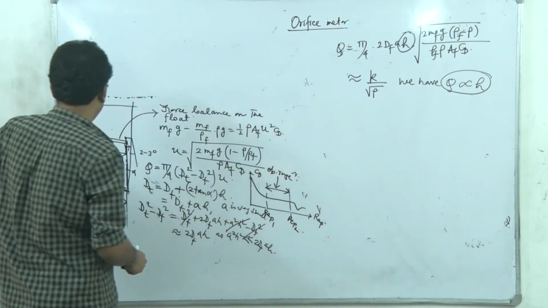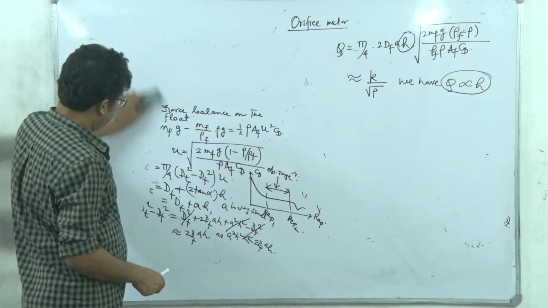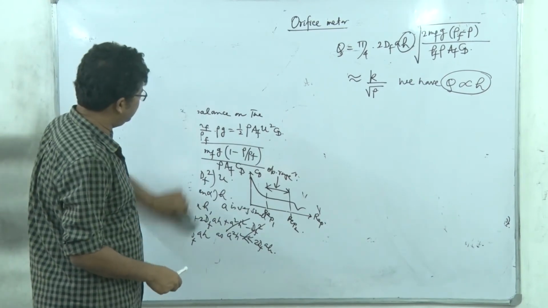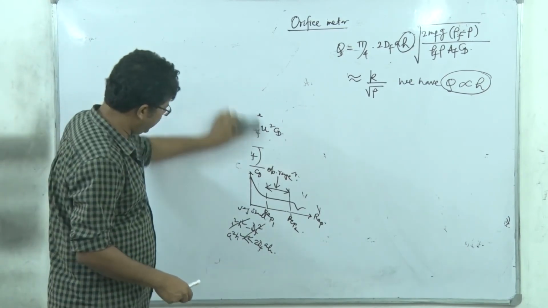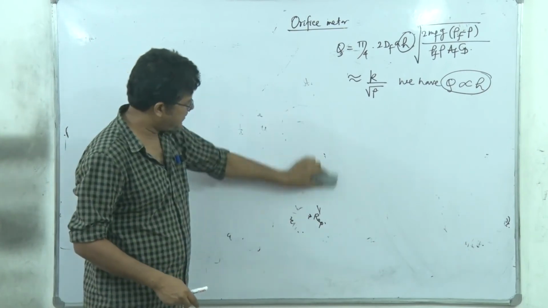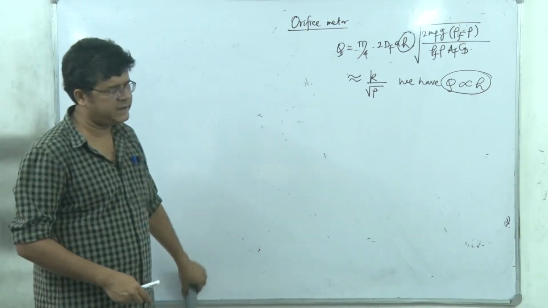Now the last topic is notches and weirs. These are used for flow measurement in open channels.